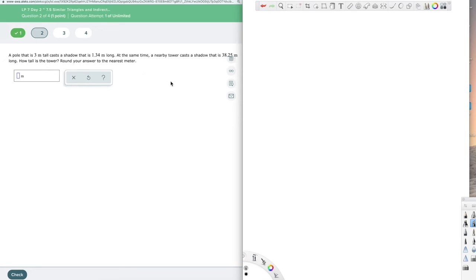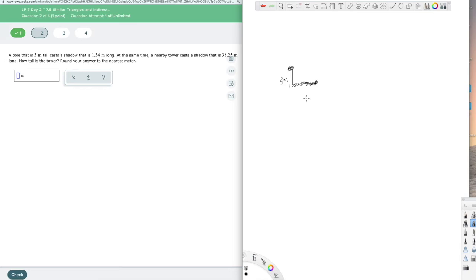All right, let's draw a picture because it's way easier to picture this, actually looking at it. So we have kind of a pole, and I'll put like a little circle on top, like a weird little flagpole, I guess. And this guy is 3 meters tall. And it casts a shadow. So here's my very awesome shadow for my flagpole or whatever pole this is.